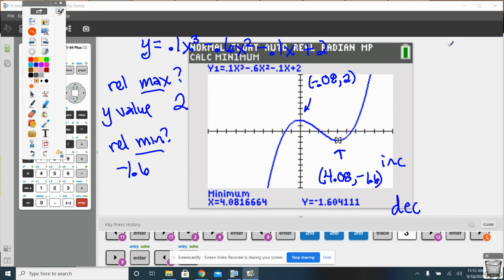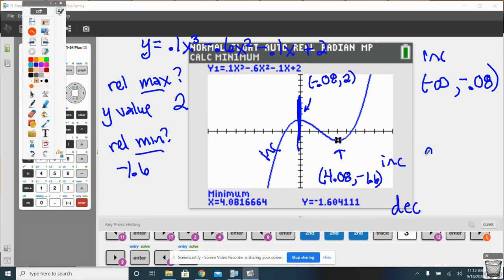So let's talk about the increasing and decreasing. Well, what is my graph doing first? Well, my graph is first increasing. So when's it increasing? From negative infinity until my turning point, which I could cut right about here. What is the x value? Because you read left to right, this is going back to the x values again, negative 0.08.